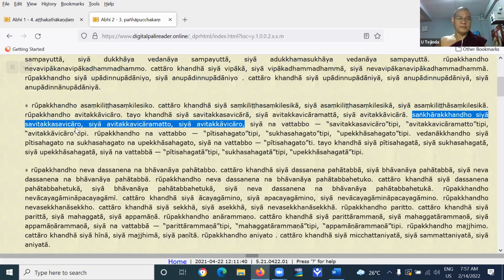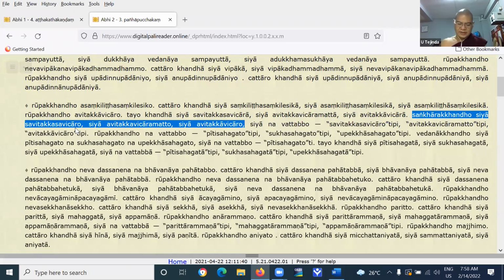I don't know the number. We have to exclude the Vedana and Sanya. We say only Sankhara Khanda. Yes, so it's 50, but we exclude the Vitaka and Vichara, so we have 48.